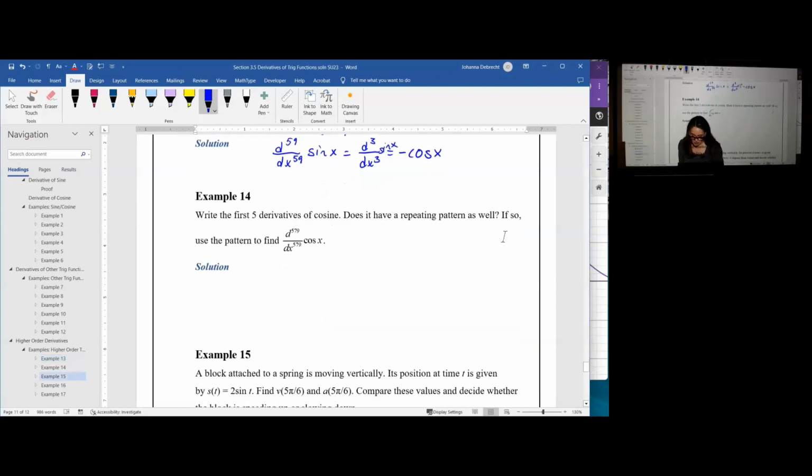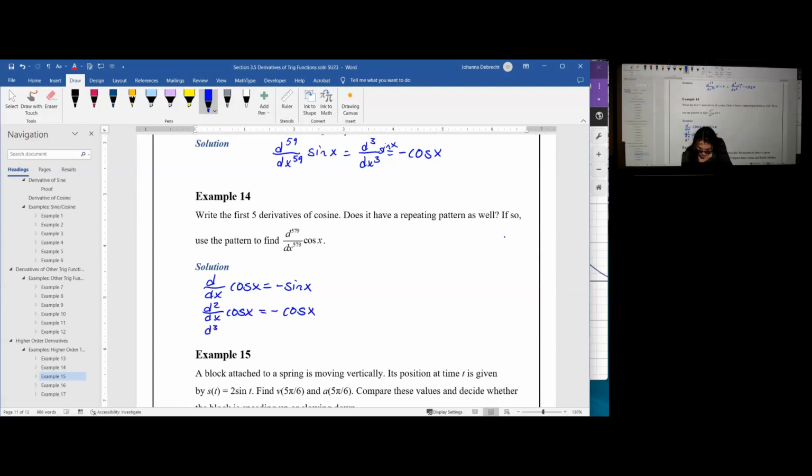Let's prove that now. The first derivative of cosine gives me negative sine. The second derivative of cosine is the derivative of the first derivative, which would be negative cosine.